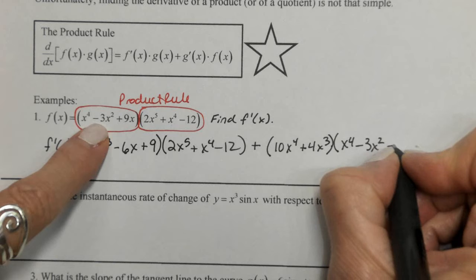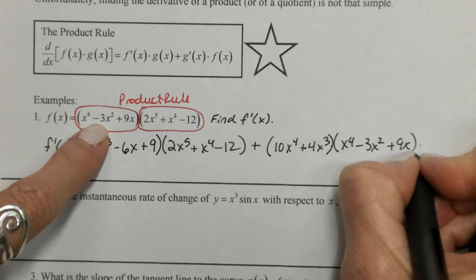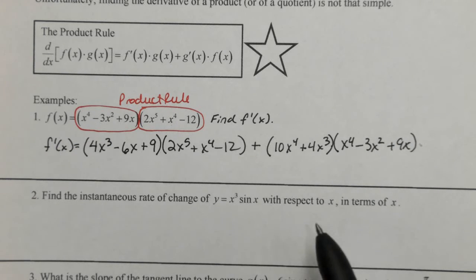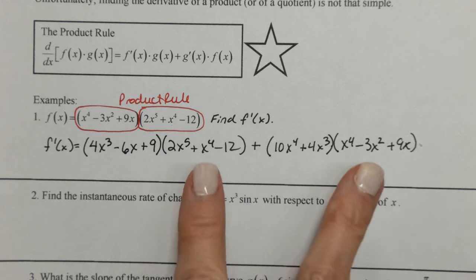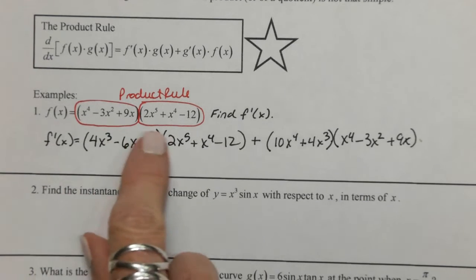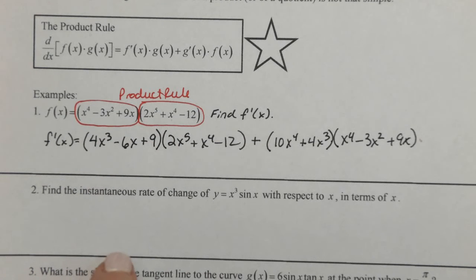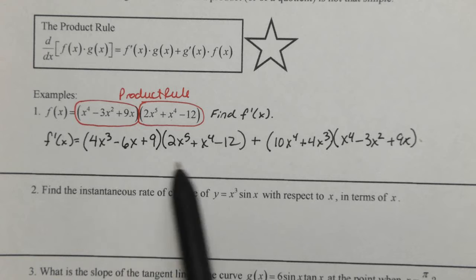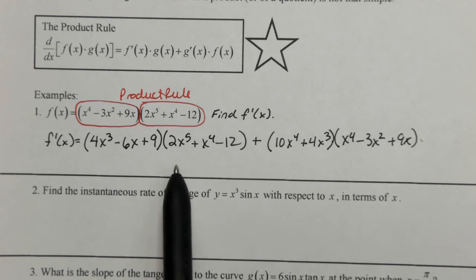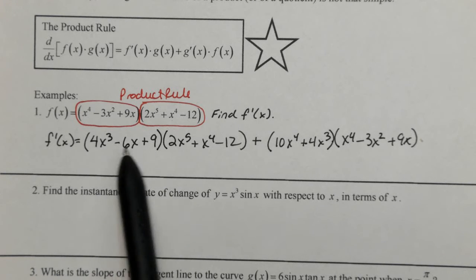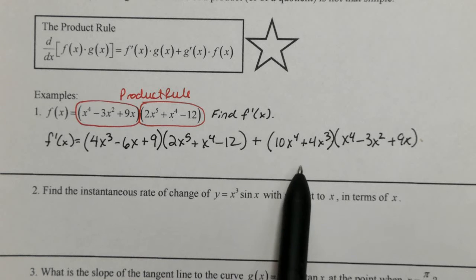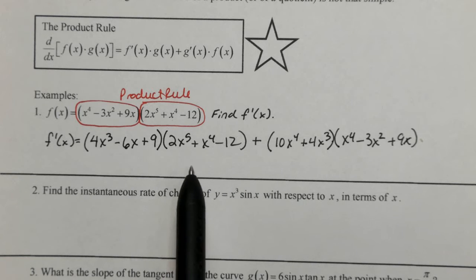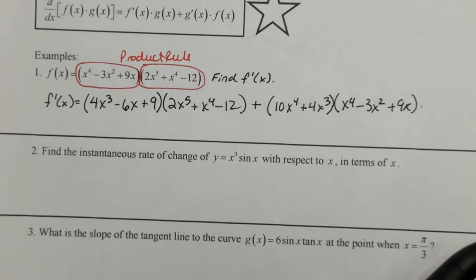So in each of our pieces, we have one term that's the derivative and one term that is the other piece left alone. And that's the derivative. It's a little lengthy, but that's okay. We could, if we wanted to, distribute and combine like terms, but there's no need to do that here.